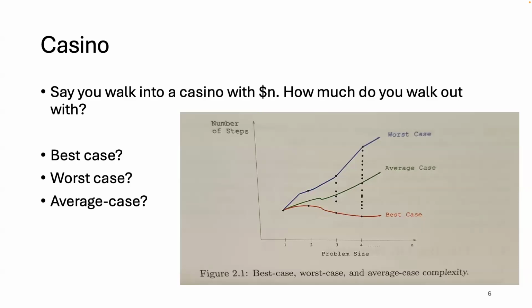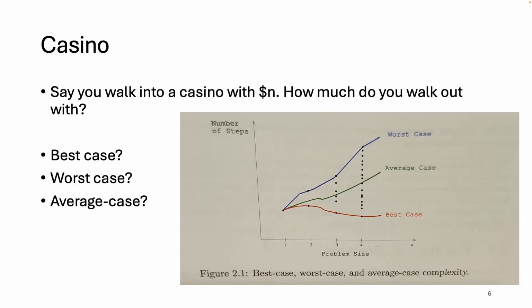What's the best case? Double your money? Okay. Any other ideas for best case? Bankrupt the casino. So there's a multiplier for n, right? If you get c times n, where c is some constant, could be 2, could be however much money a casino has. You walk out with more money than you started with.